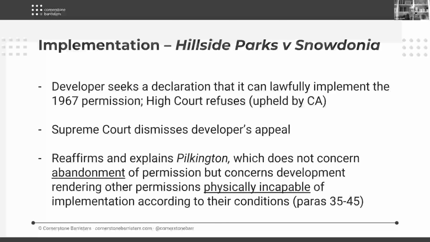The High Court was unimpressed, refused the declaration. Court of Appeal followed the High Court. This then went to the Supreme Court, where a number of arguments were advanced as to why the 1967 permission could be relied on. None of those arguments proved attractive to the Supreme Court.